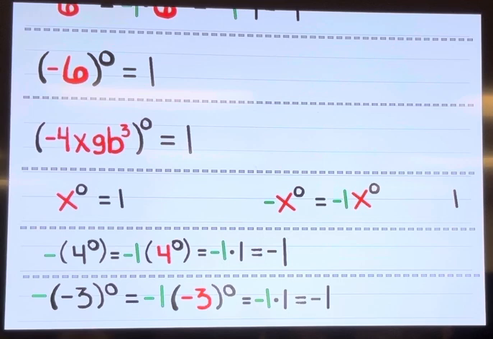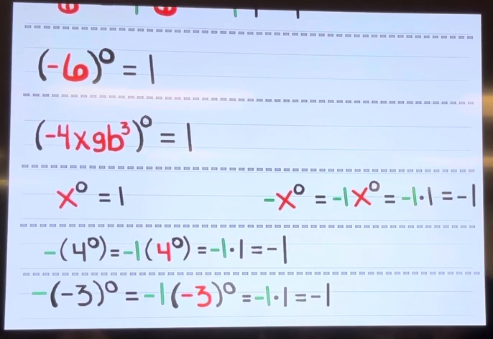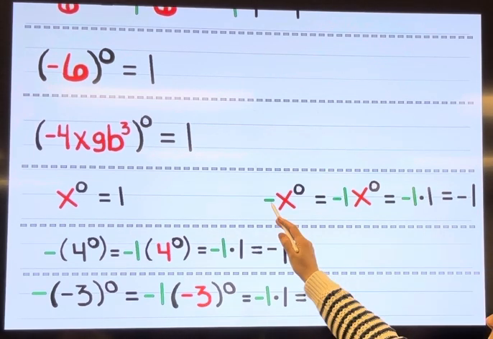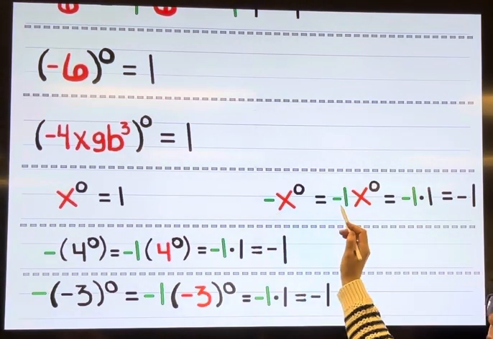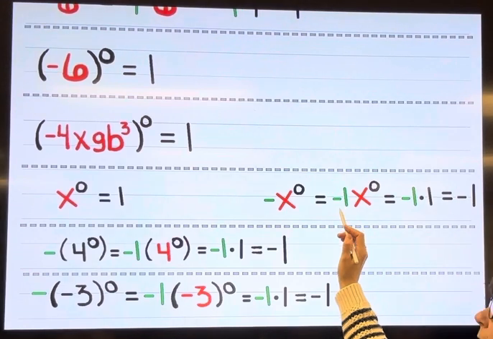And then that is -1, and then the answer to x to the 0 is 1, so I would be multiplying those together, and it equals -1. So just be really careful with that kind of floating negative, that you rewrite it as -1 to emphasize the multiplication.